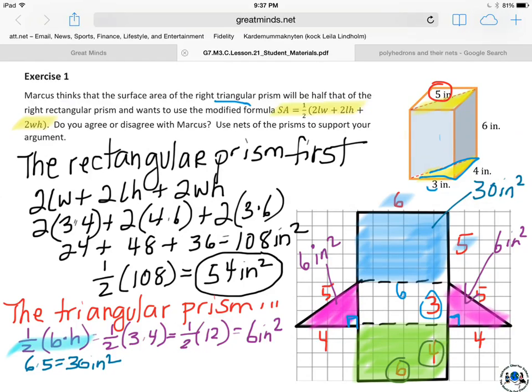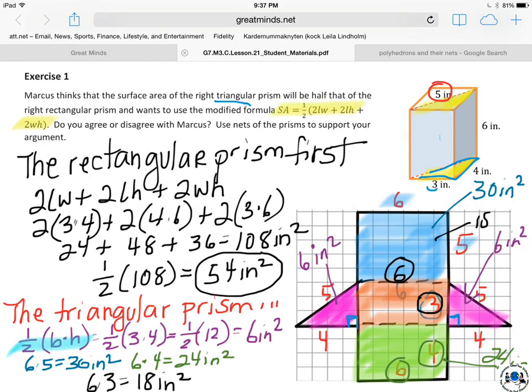Our next rectangle is 6x4, 24 square inches, and our final rectangle is 6x3, that's 18 square inches. So we've figured out the area of all of these 2-dimensional shapes that sit as a net.